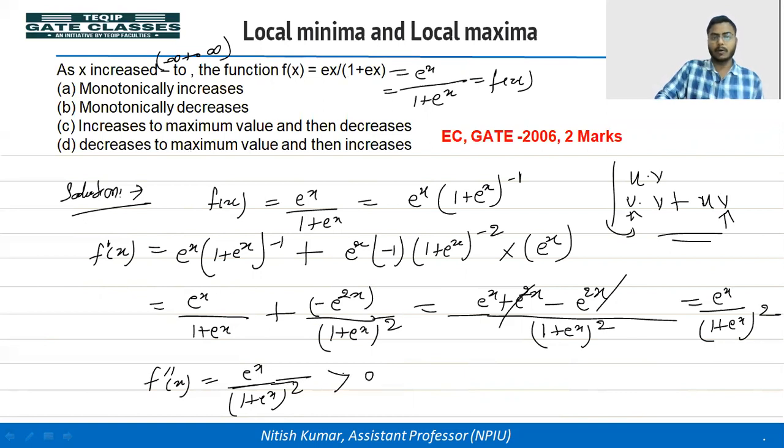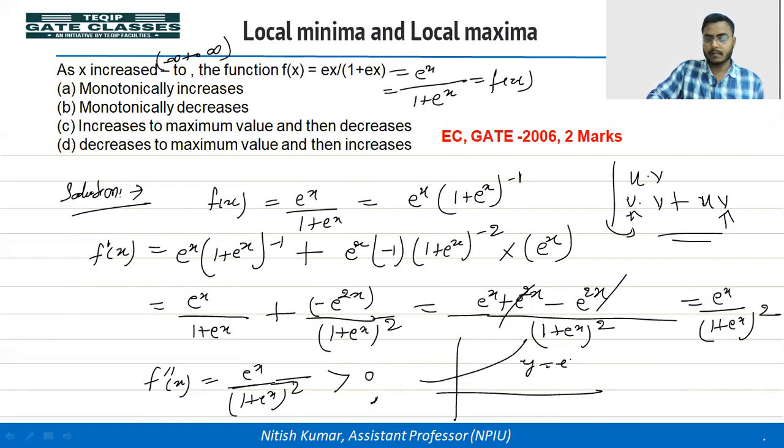This expression will be always greater than 0. You can check the function of e to the power x is like this. We are getting e to the power x value is 0 when x is minus infinity. So when you get the 0, then this 1 plus e to the power x will be always greater than 0.